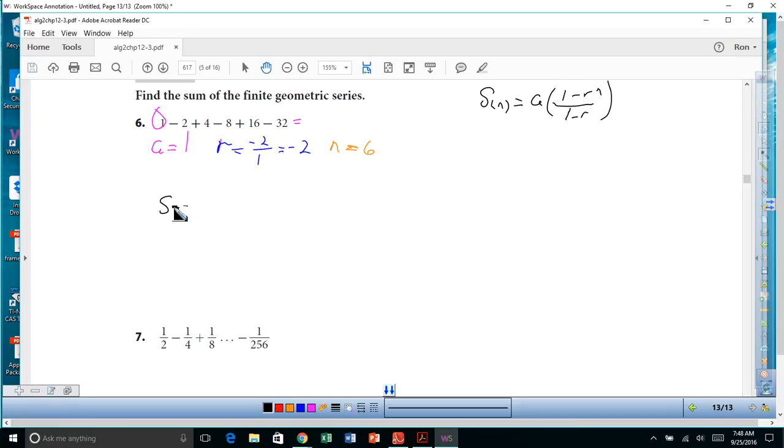So S of 6 is going to equal A, which is 1, times 1 minus R, where R is -2, to the nth power, which is 6, over 1 minus R, which is -2.